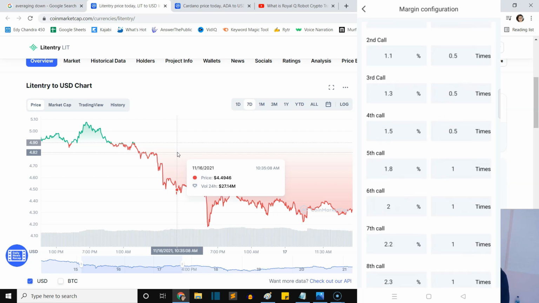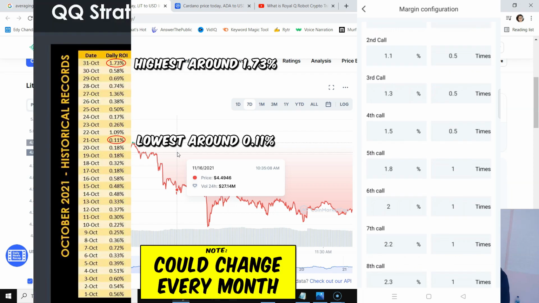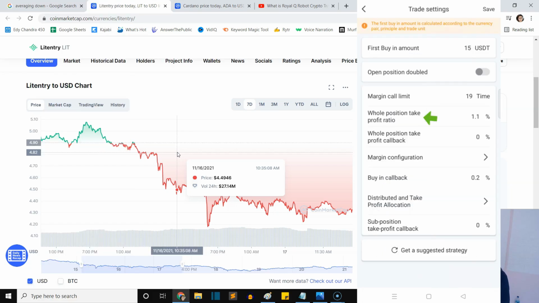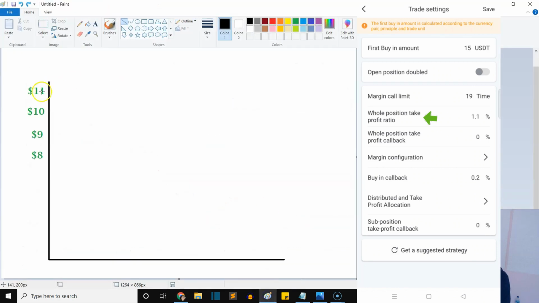So you are seeing around 0.5% profit per day or 1% profit per day. And then you can see below is whole position take profit ratio. It just means that, let's say you buy something. Let me show you a chart right here. Let's say you buy a coin right here at $10, and then the price goes up by 1.1%, then the robot will execute it.